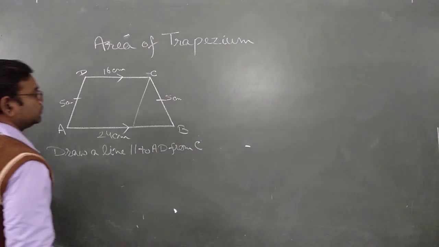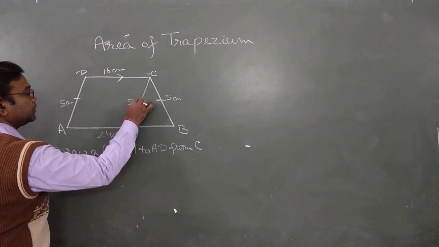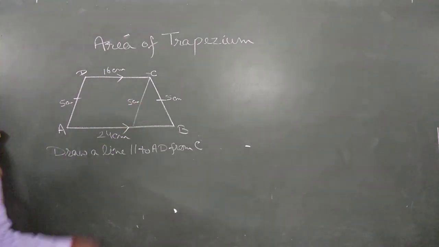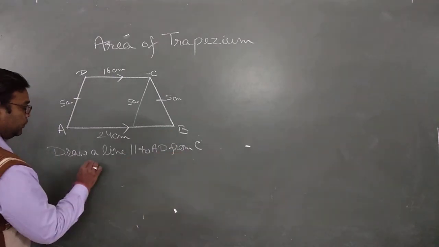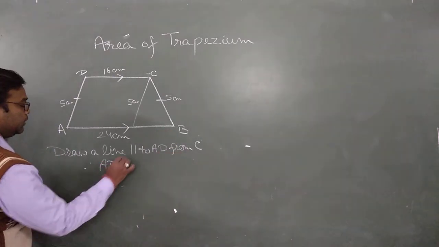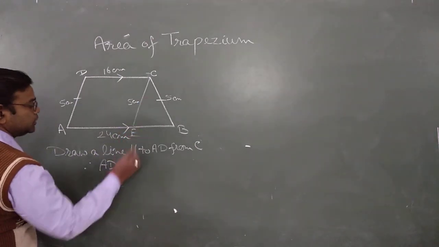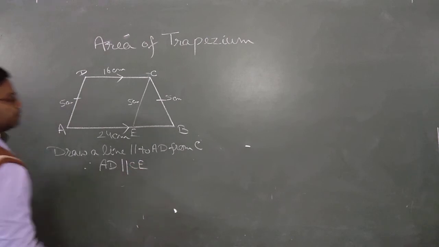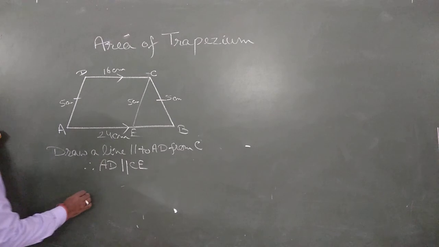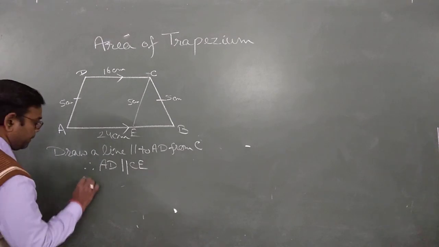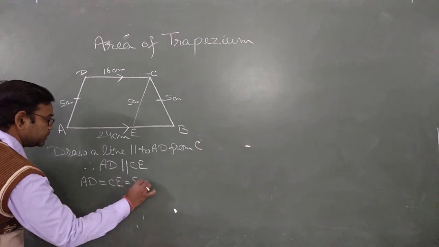So this one is also equal to 5 centimeter, and this is from C, so therefore we can say that AD is parallel to CE, and therefore we can also say that AD equals CE equals 5 centimeter.